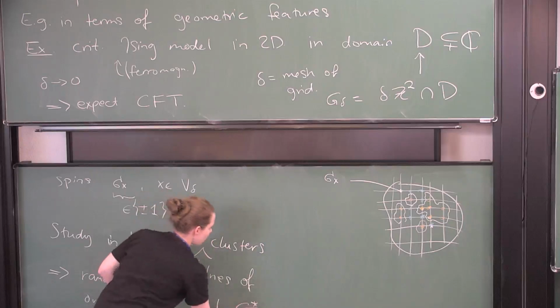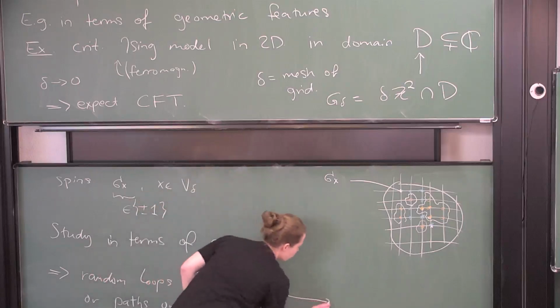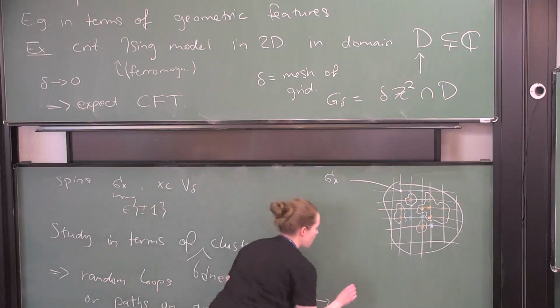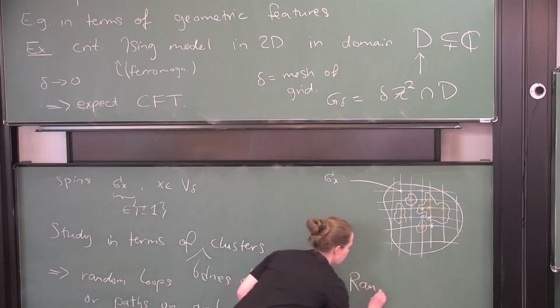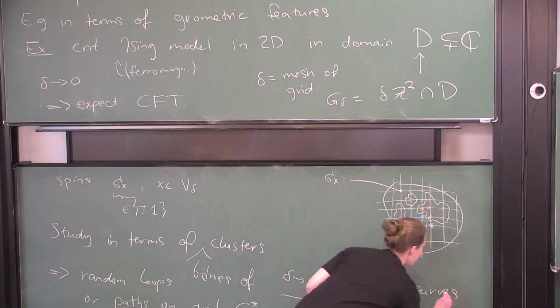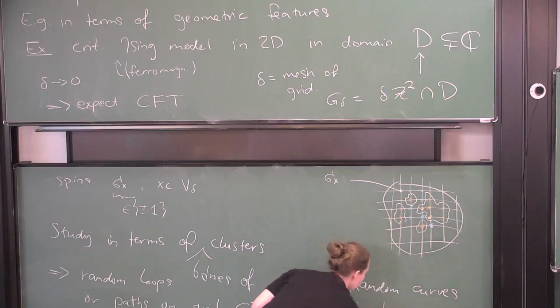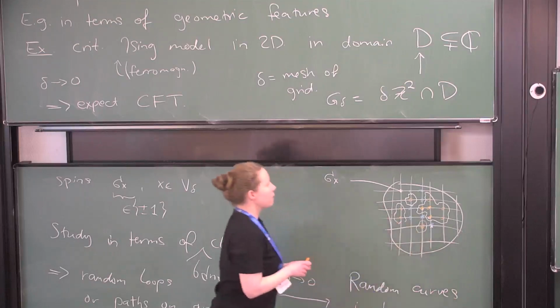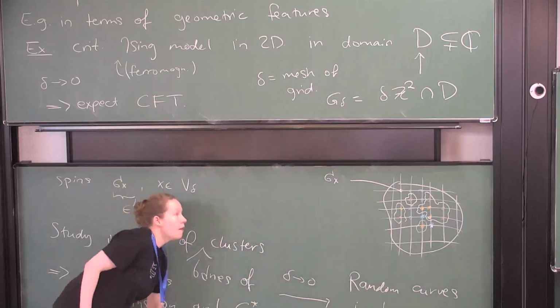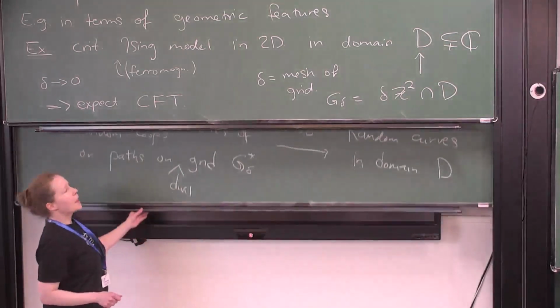Sorry, it's a bit messy. And then, so what do you expect? That some of these would converge to some random curves in the continuum domain. Of course, the tiny ones will disappear, right? But something will be left.